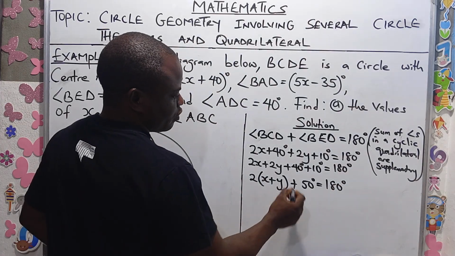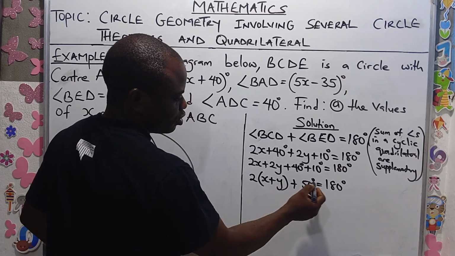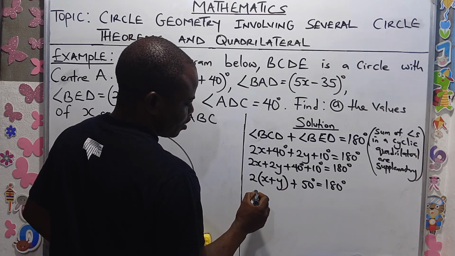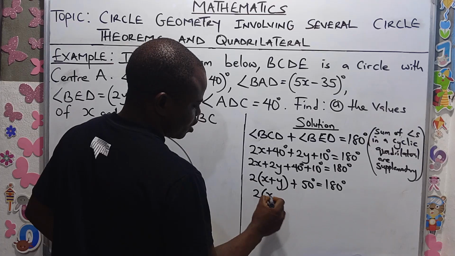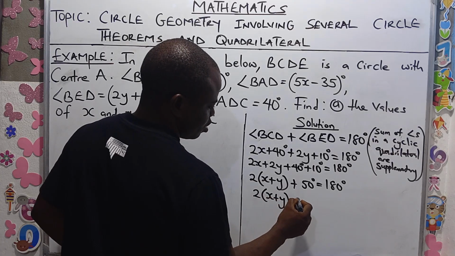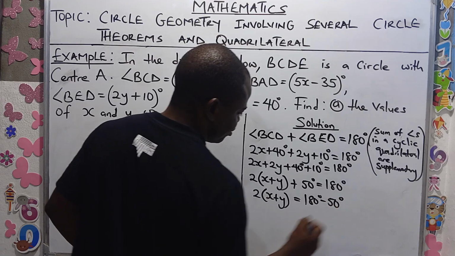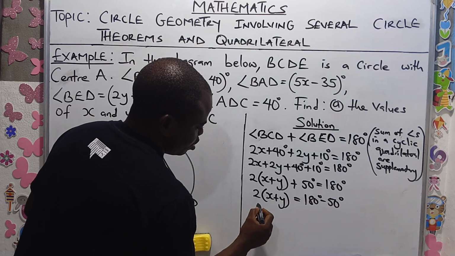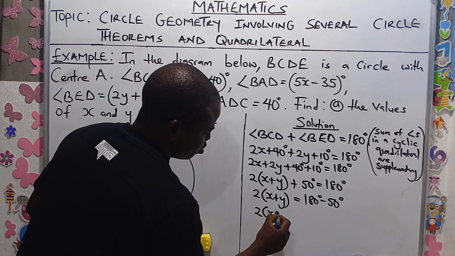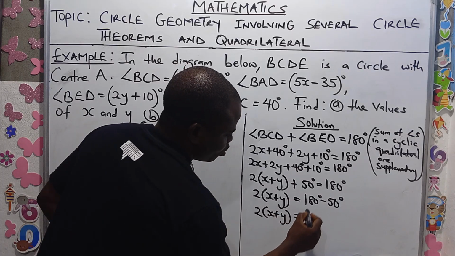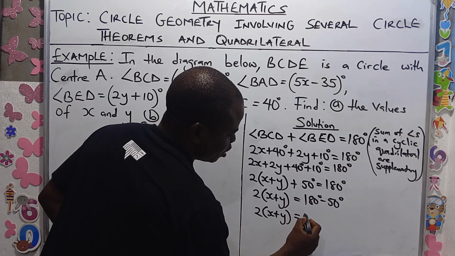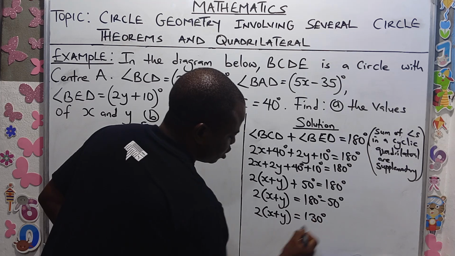Let's take 50 degrees across the equal sign, it turns to negative 50. Now 2 into x plus y equals 180 degrees minus 50 degrees, that's 130 degrees.